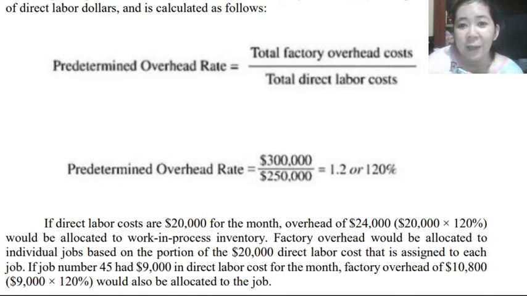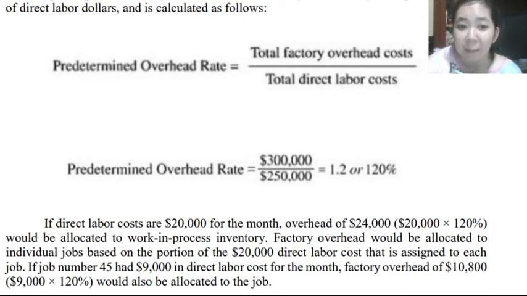Okay, so factory overhead would be allocated to the individual jobs based on the portion of the 20,000 direct labor cost that is assigned to each job. If job number 45, for example, had 9,000 in their direct labor cost for the month, so their corresponding factory overhead will be 10,800. Again, this is 120% of the direct labor cost.